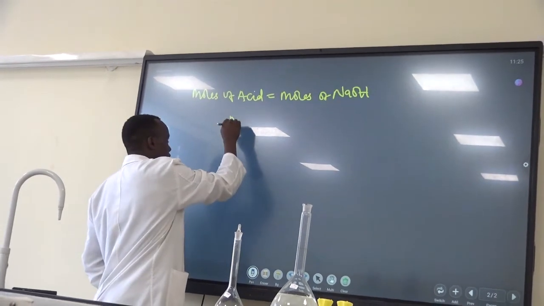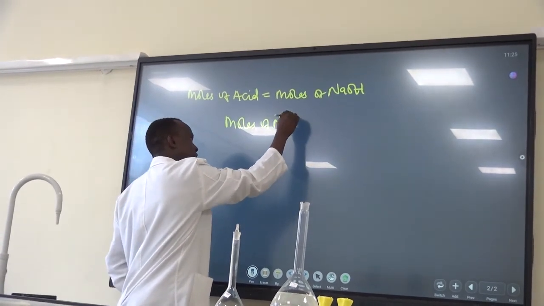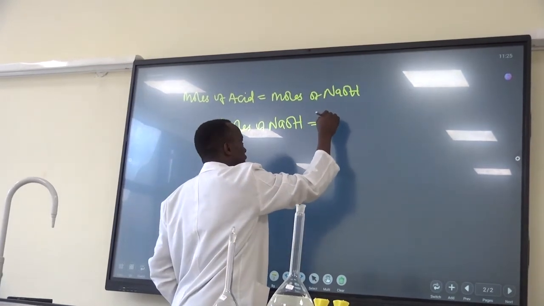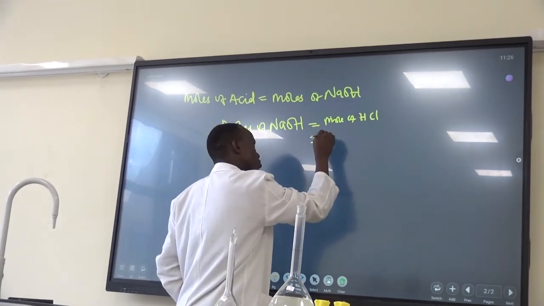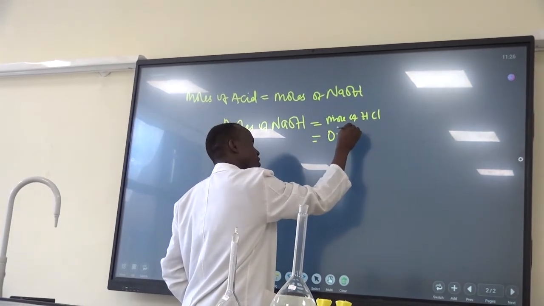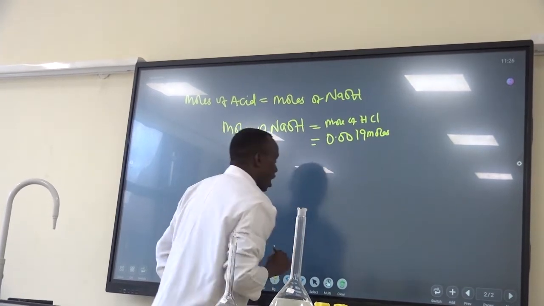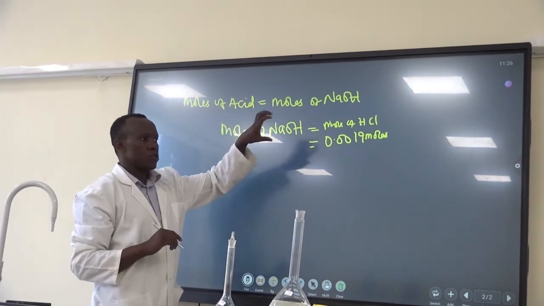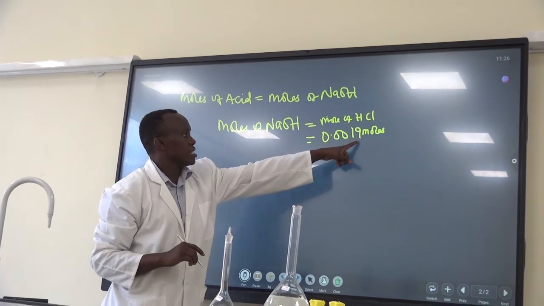So moles of sodium hydroxide is equal to moles of HCl, which is equal to 0.0019 moles. But remember, the volume of sodium hydroxide that we used was 25. So, and we have gotten the moles to be this, then it means these moles are in 25.